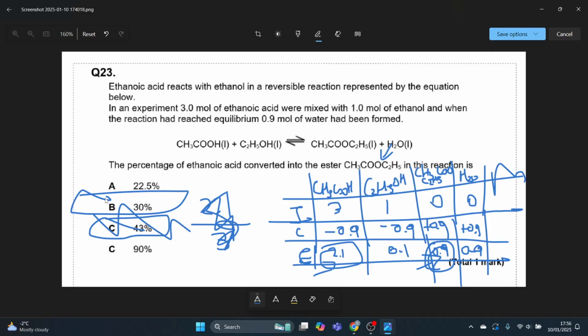It's clearly not that. If you do 0.9 divided by 2.1, yeah, that won't give me the correct answer. 2.1 divided by 0.9 times 100. Again, not the right answer. So how do I get 30%?